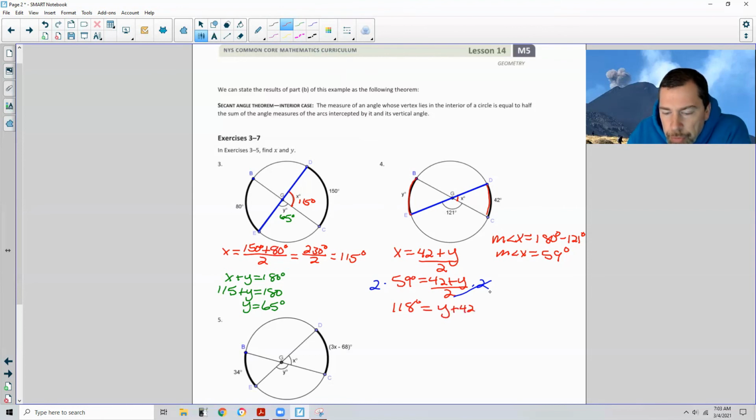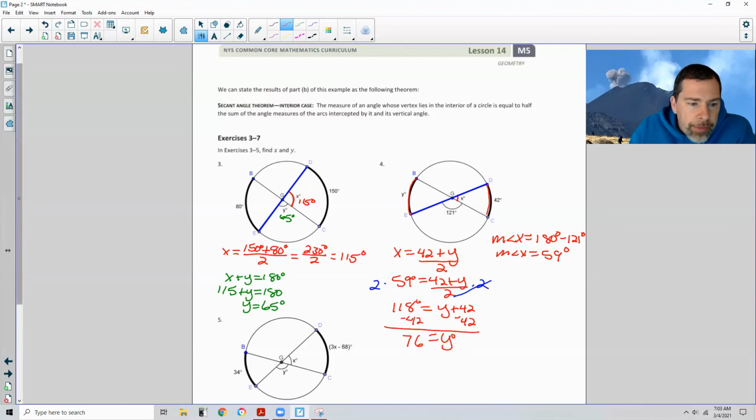Then I subtract 42 from both sides, and we get Y isolated. Y equals 118 minus 42, which is 76 degrees. Okay? All righty.